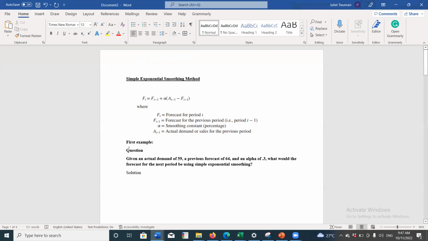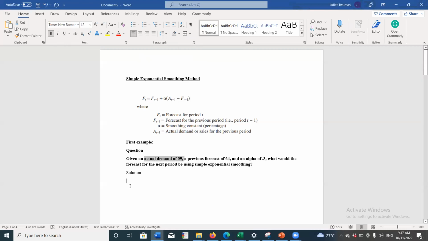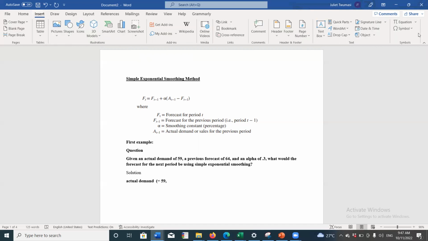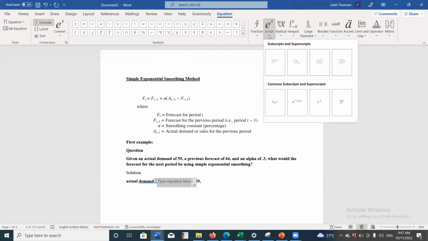we have to go to insert, but we can figure out what the actual demand is. The actual demand. So the actual demand, we go to equation, then we go to subscripts.